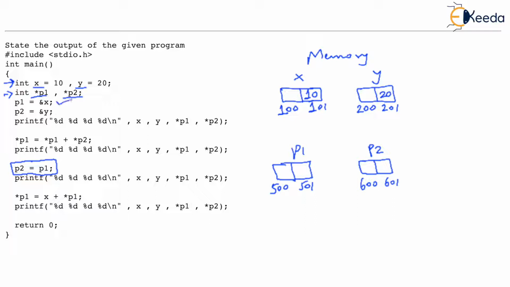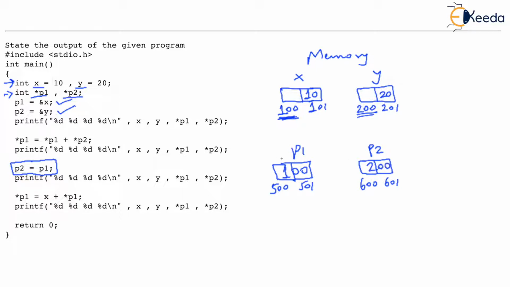Now the next two lines which I am ticking here says that p1 stores address of x, p2 stores address of y. So p1 will store address of x. What is address of x? 100. So p1 stores 100 and p2 stores address of y. What is address of y? 200. So p2 stores 200.